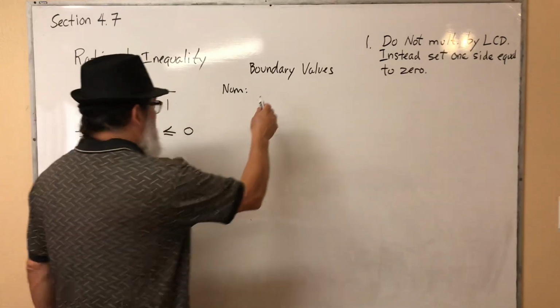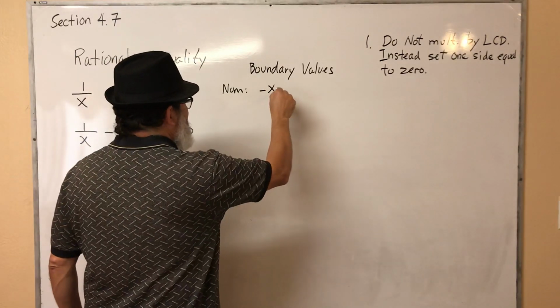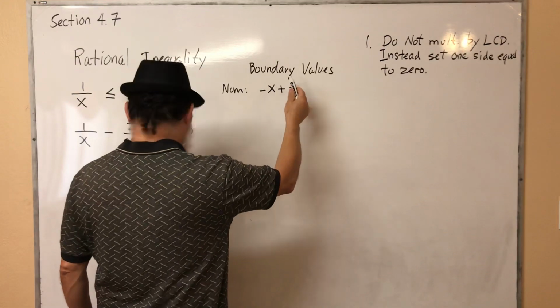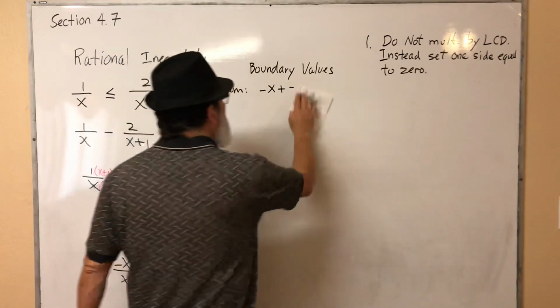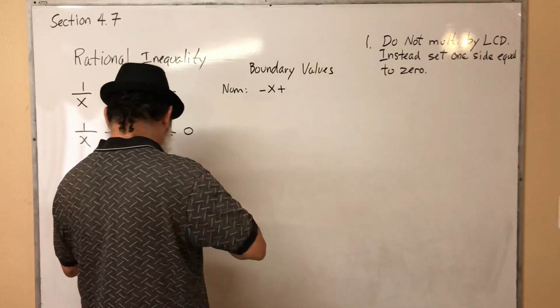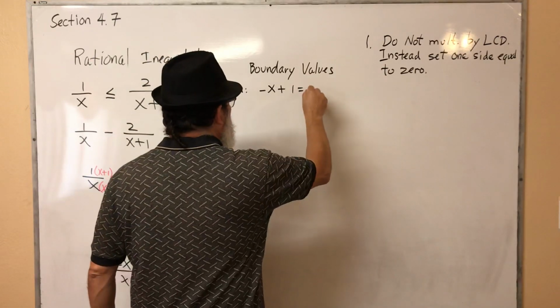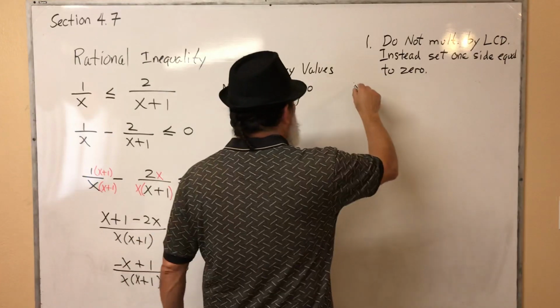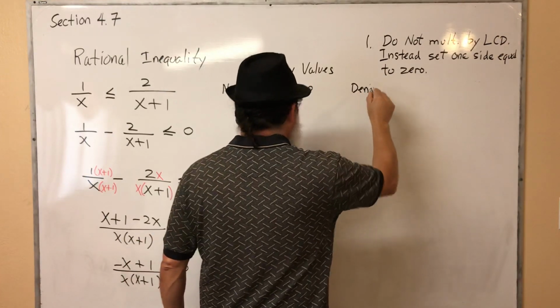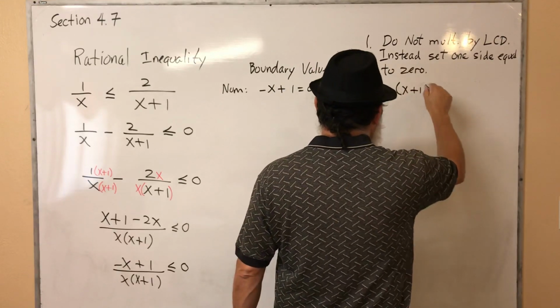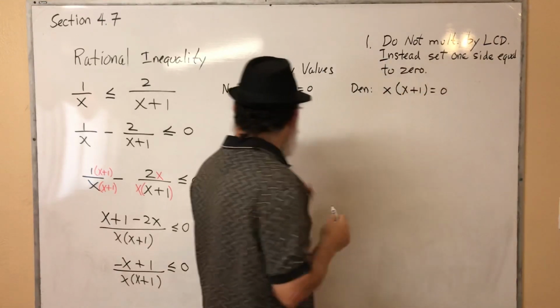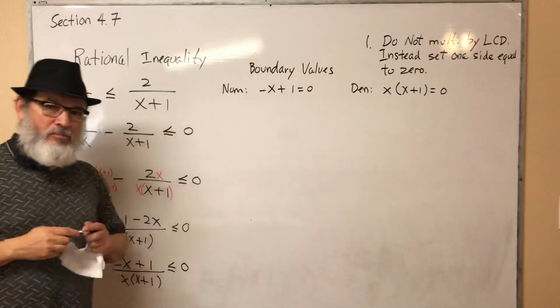So negative x plus 1 equals 0. From the denominator, x times x plus 1 equals 0. Those are the boundary values.